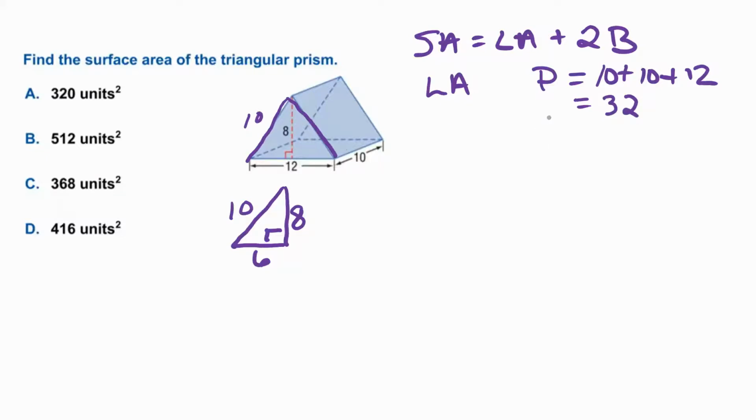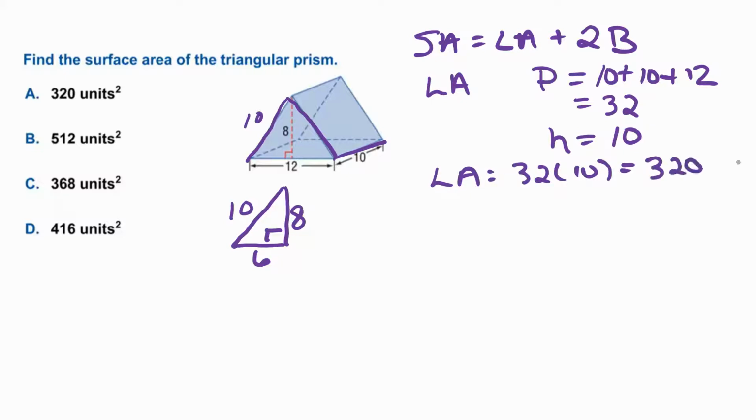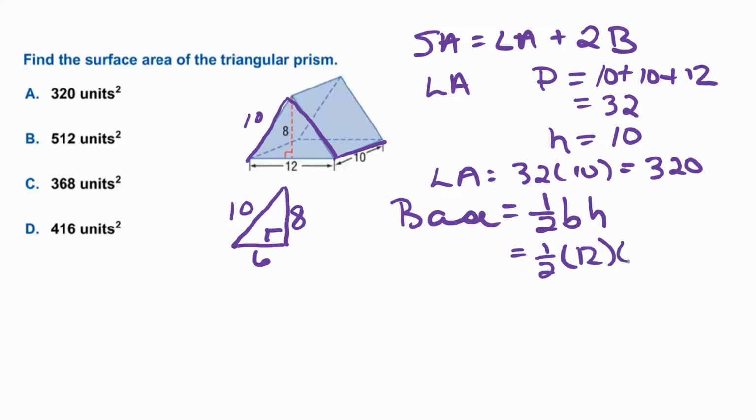The height of the prism itself is 10. So the lateral area would be 32 times 10, which is 320. To find the surface area, we need to find the area of the base. The area of the base would be 1/2 base times height. The base of the triangle is 12. The height of the triangle is 8.